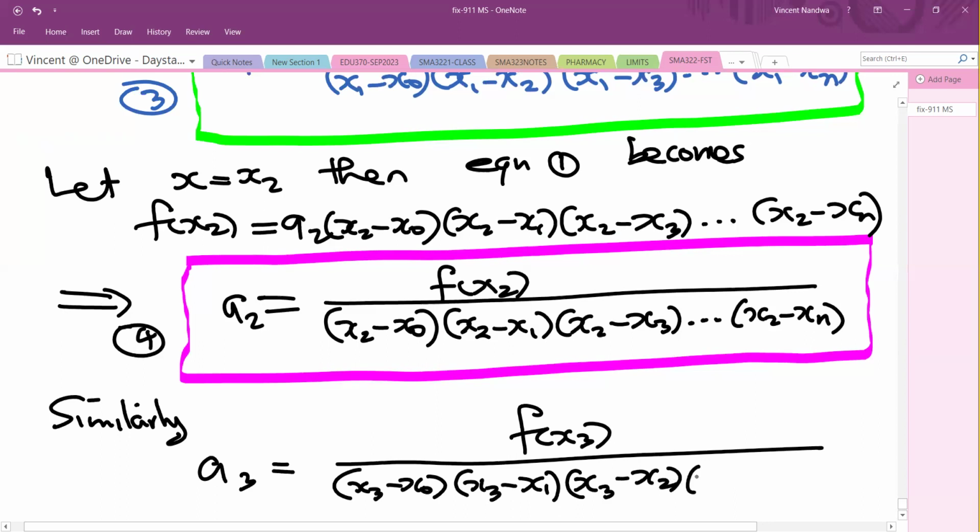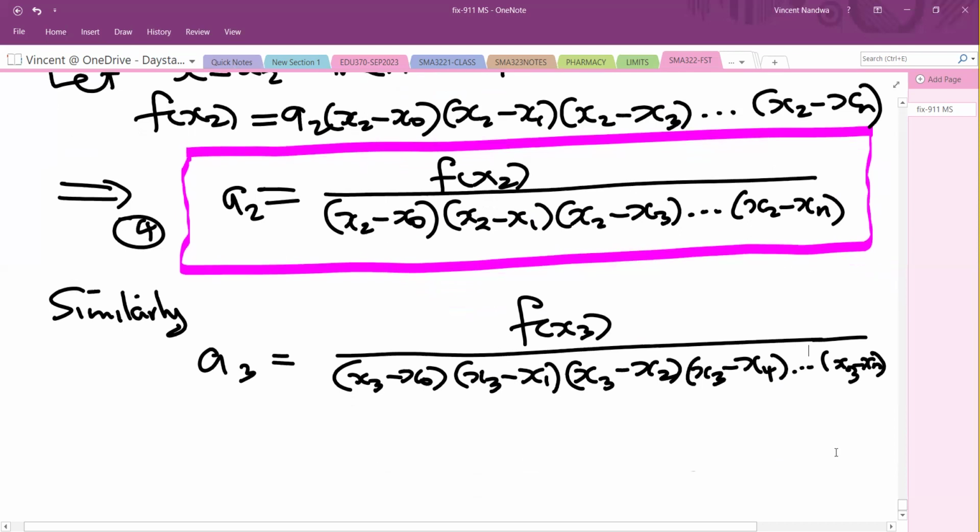Next, after x3 minus x2, what is the next term? Correct, x3 minus x4. And then we go up to x3 minus xn.